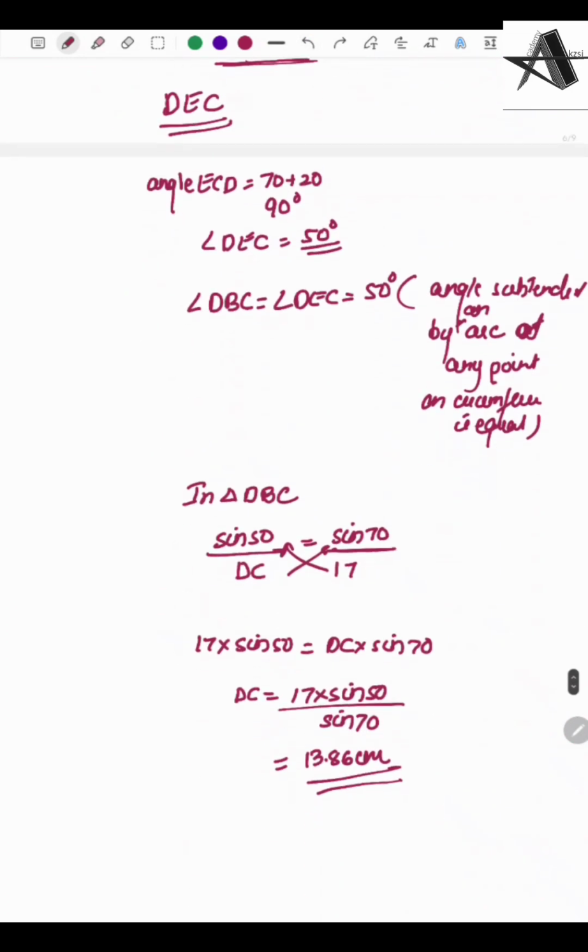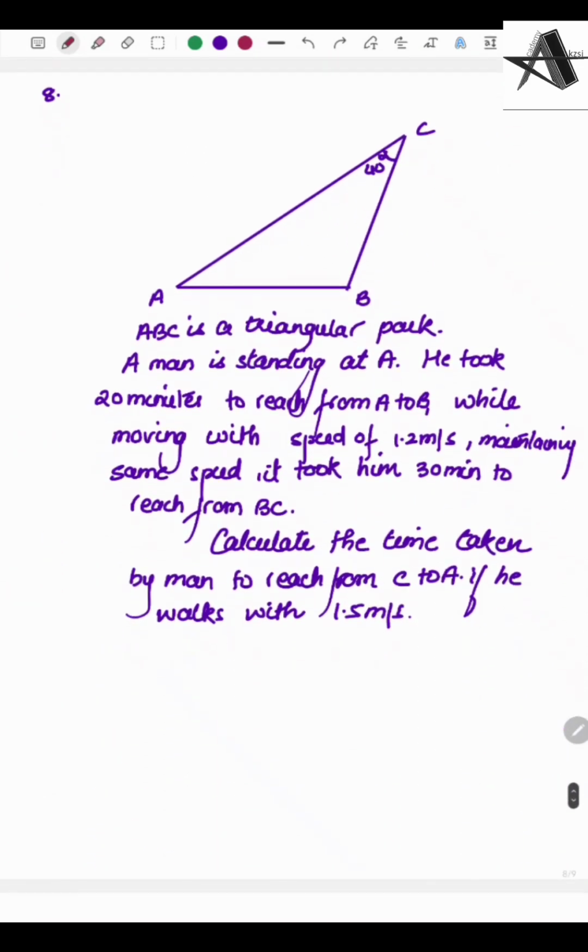Moving on to our last question, which is question number 8. Question 8 says, ABC is a triangular park. A man is standing at A. He took 20 minutes to reach from A to B while moving with a speed of 1.2 meters per second. That means the time and the speed are given, we can easily calculate distance.